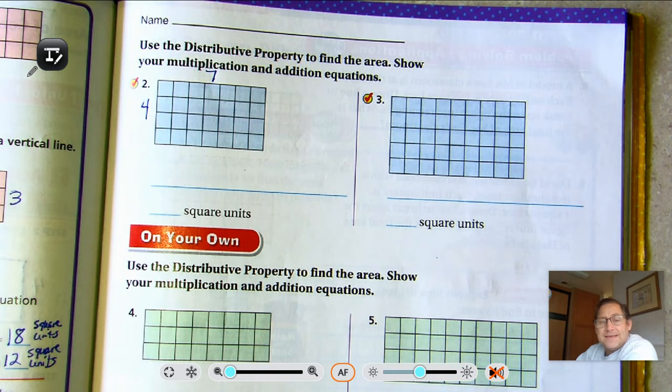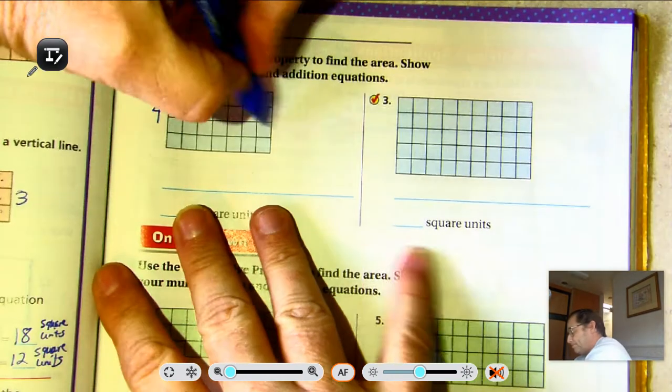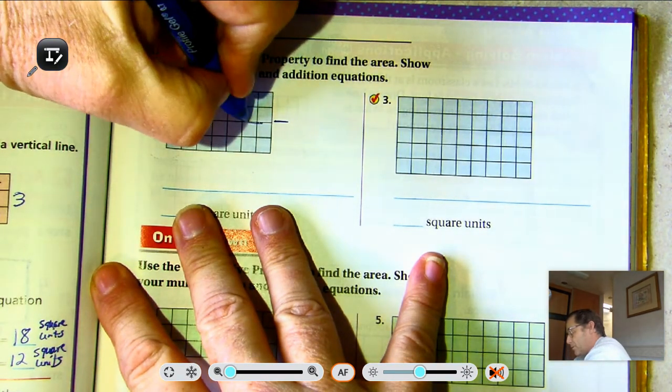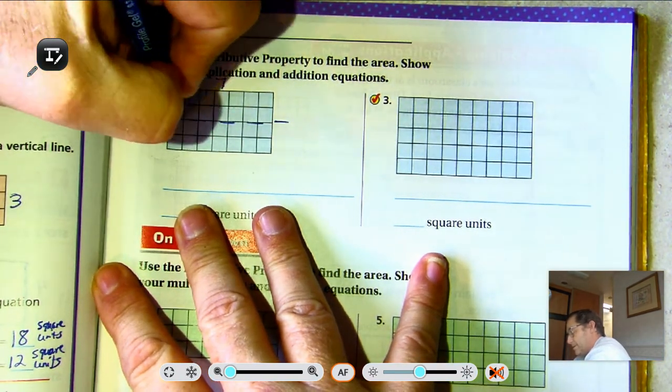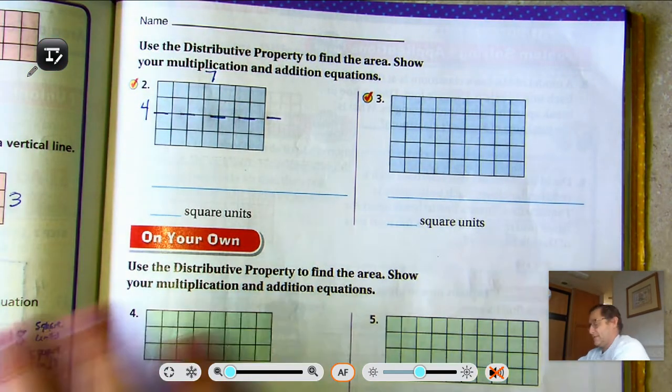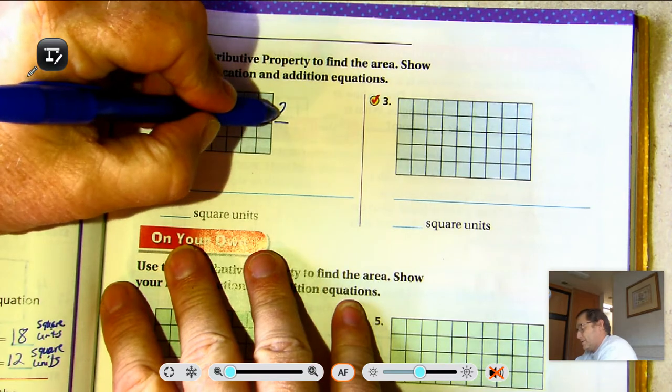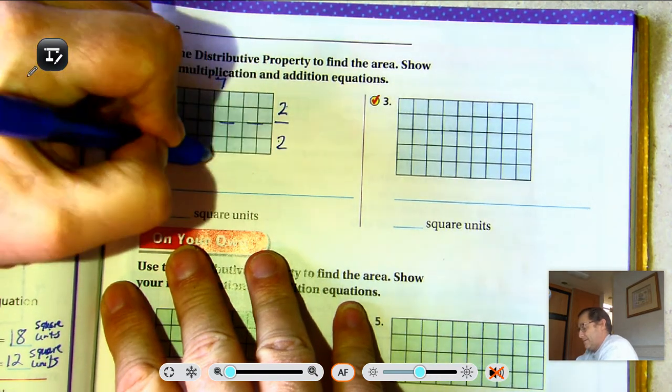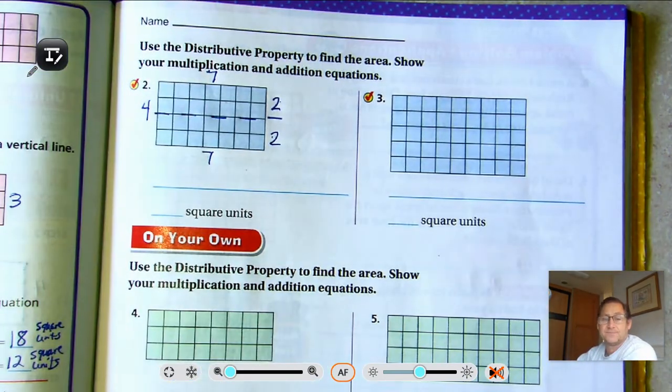You know what? I think I want to break up the 4. And so I'm going to go that way. And so now I have 2 times 7 and 2 times 7.